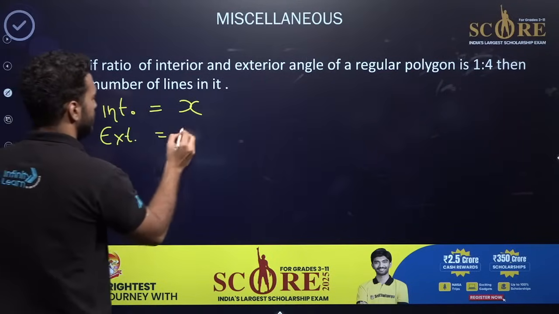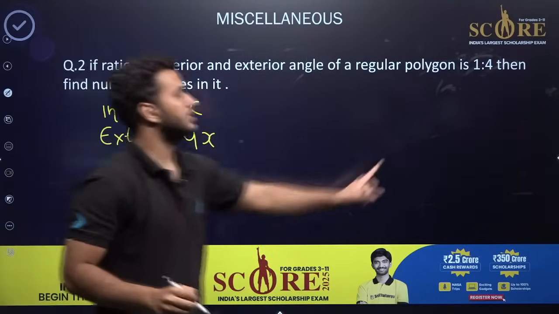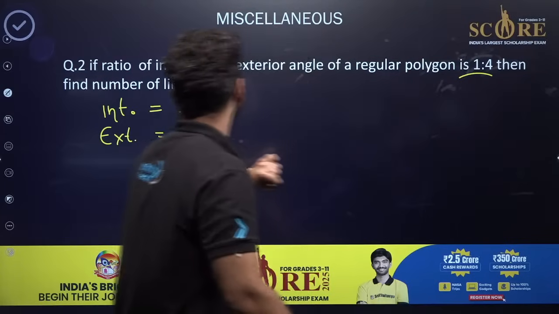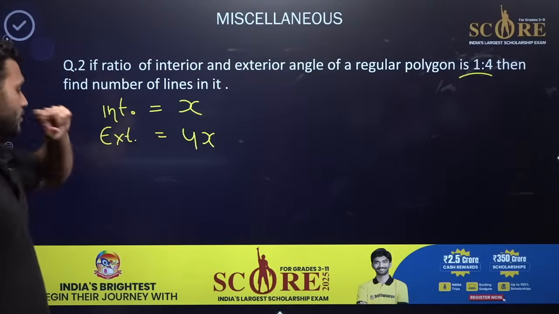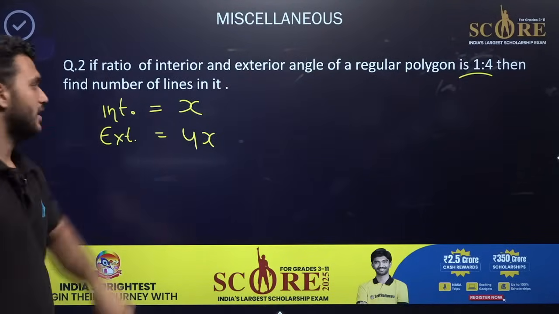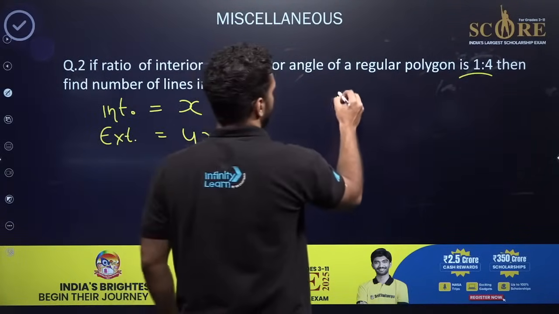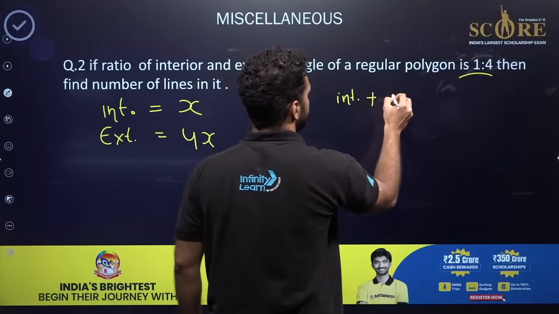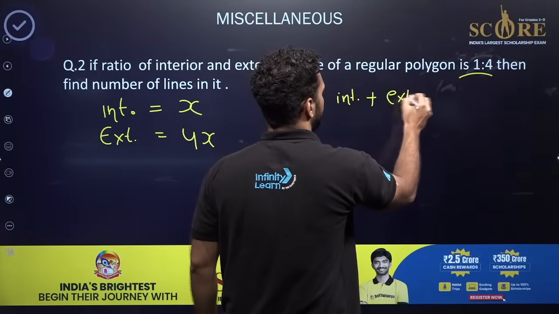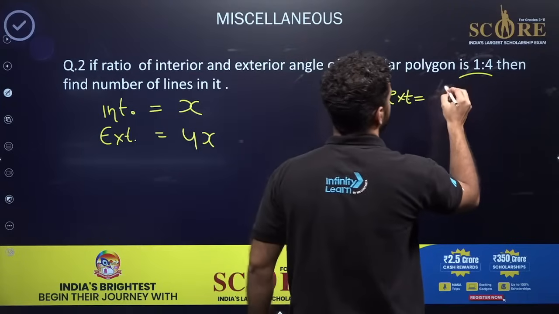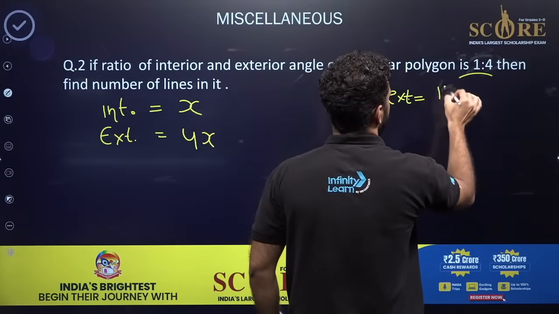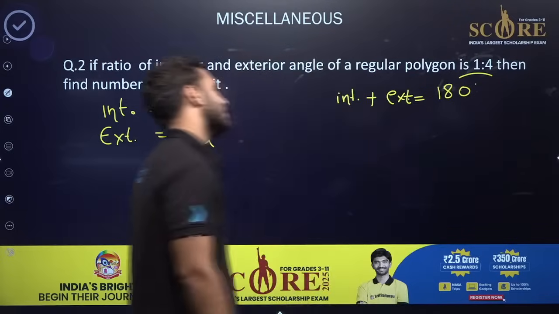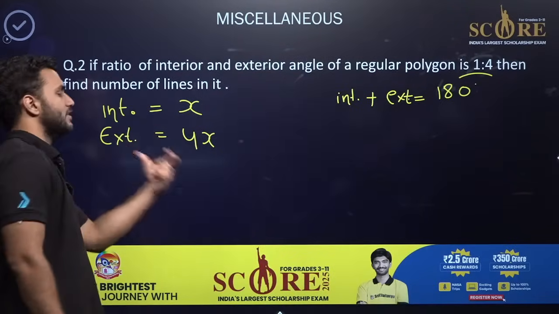Sir, exterior will be 4x because of this relation. Okay, now, do you know there is a relation between interior and exterior angle, that interior angle plus exterior angle comes out to be 180 degrees.